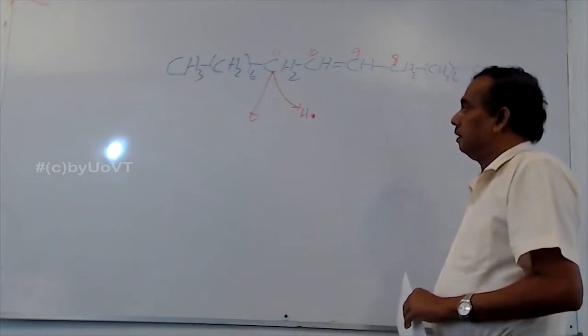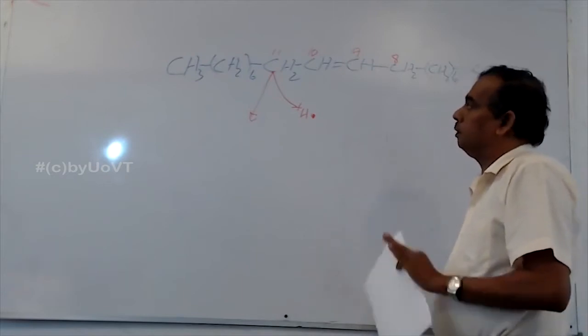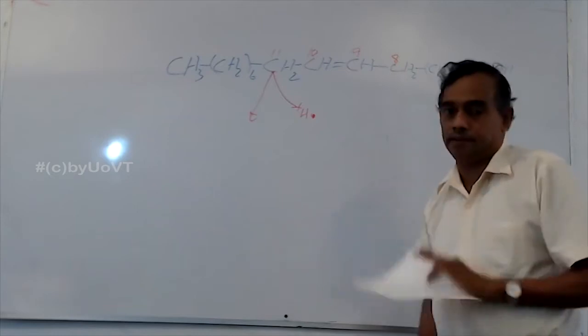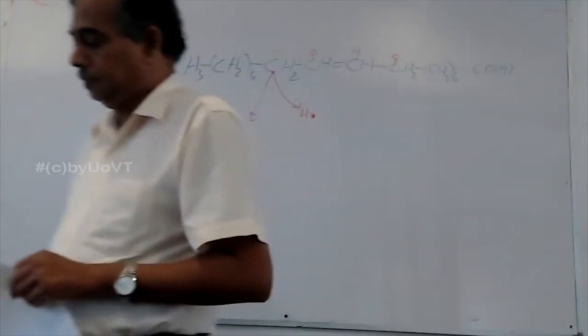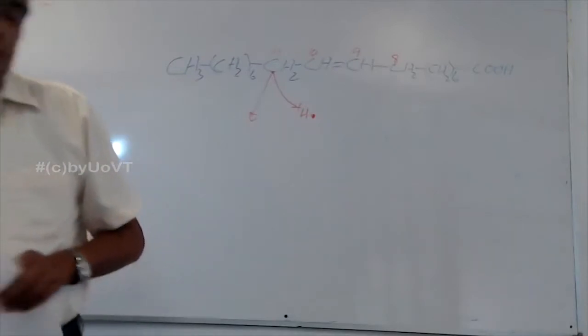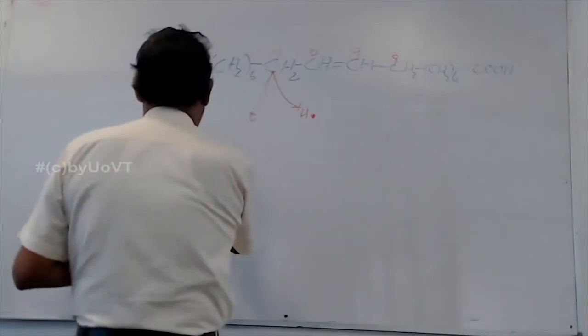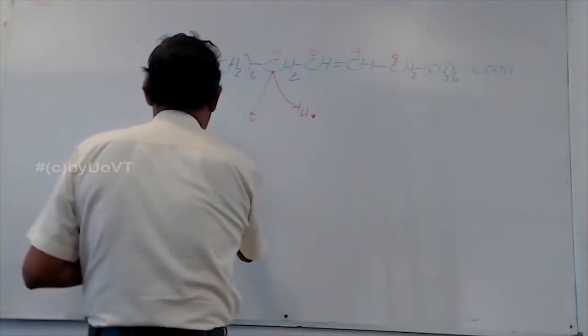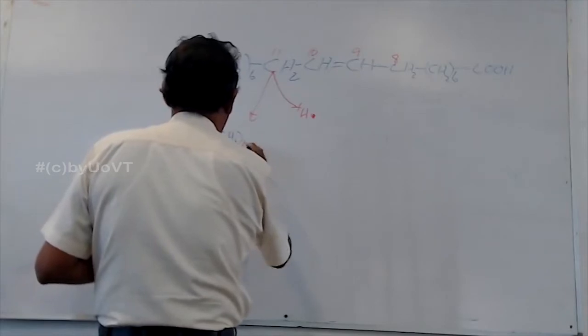Right? What is the first step? Releasement of the hydrogen attached to the 11th carbon as a free radical. So what is the product? This is my product. CH3, CH2 6 times.